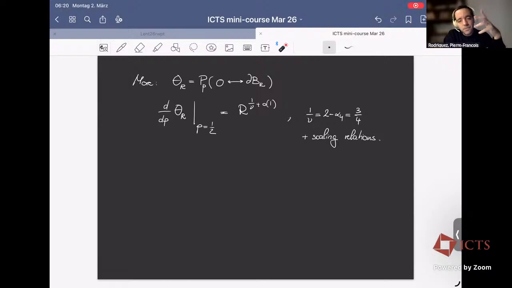And okay, once you can prove something like what I wrote here about the scaling relation, about this derivative, and you prove certain scaling relations, which is something that Kesten had already done earlier, then basically you can access all the critical exponents, or almost all the critical exponents that are related to this model.